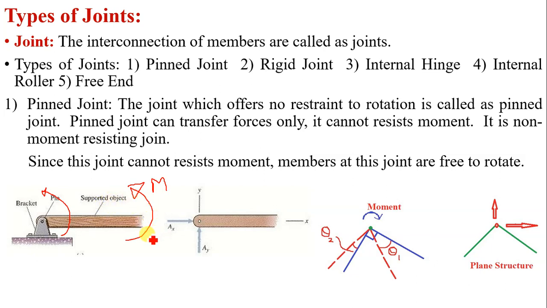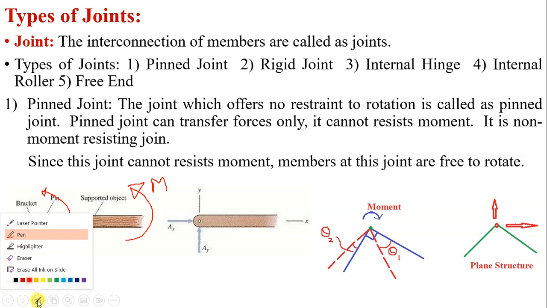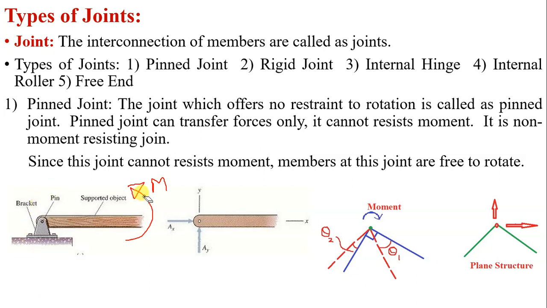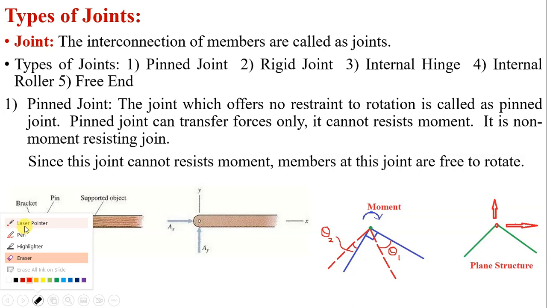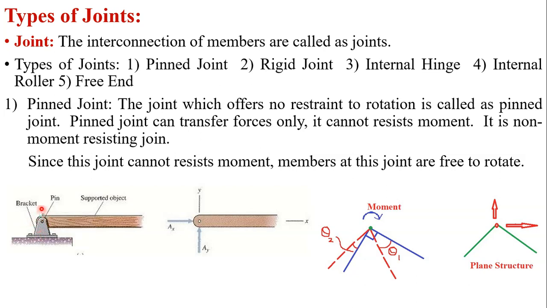If I fix this joint with the help of weld, if I weld this member to the joint, then the member will not rotate. Because in this case, if the joint is welded, this joint will offer resistance to the moment in the opposite direction. If the moment is anti-clockwise, the resistance offered by the weld will be in the opposite direction. But this is a pin joint, and it permits the rotation of the member about this pin. So this is the characteristic of a pin joint.